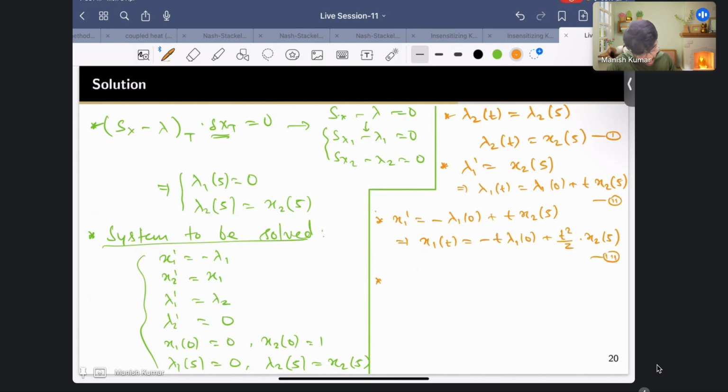Now let us go to the equation of x2. So x2 prime is x1, and x1 we know. To get x2 we will have to integrate again.